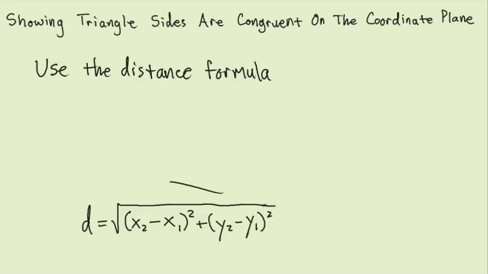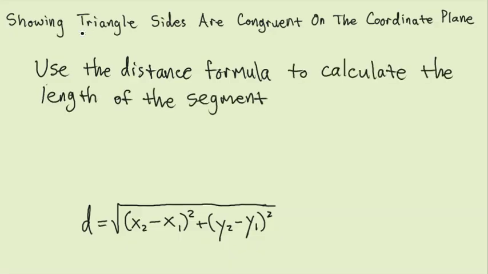Then if you use the distance formula on a side from the other triangle, you'll have two distances. So we're going to use the distance formula to calculate the length of the segment between two triangle vertices.